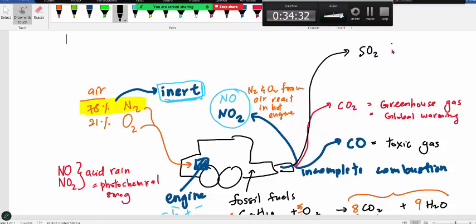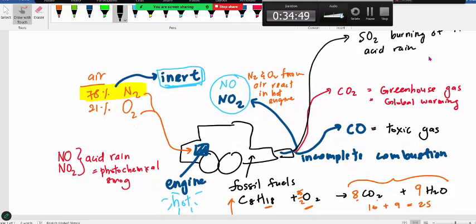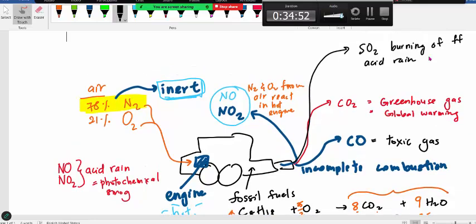Sulfur dioxide. So this is from burning of our fossil fuels because fossil fuels contain sulfur. This causes acid rain, but not photochemical smog. So just one car already has so many problems.